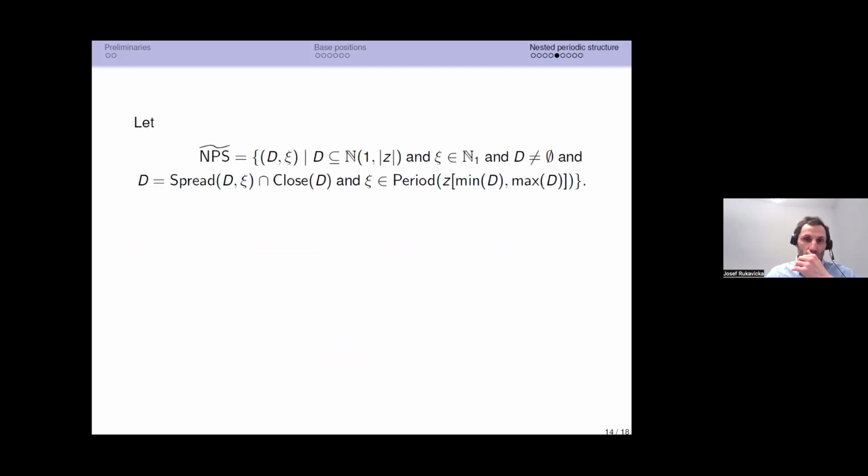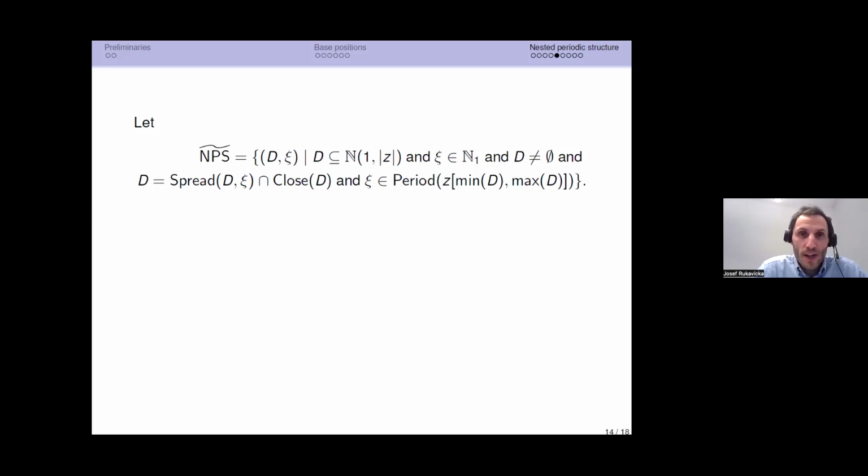So now I define the NPS. The abbreviation NPS stands for nested periodic structure. So I start with the nested periodic structure with the tilde over. It's a set of couples.